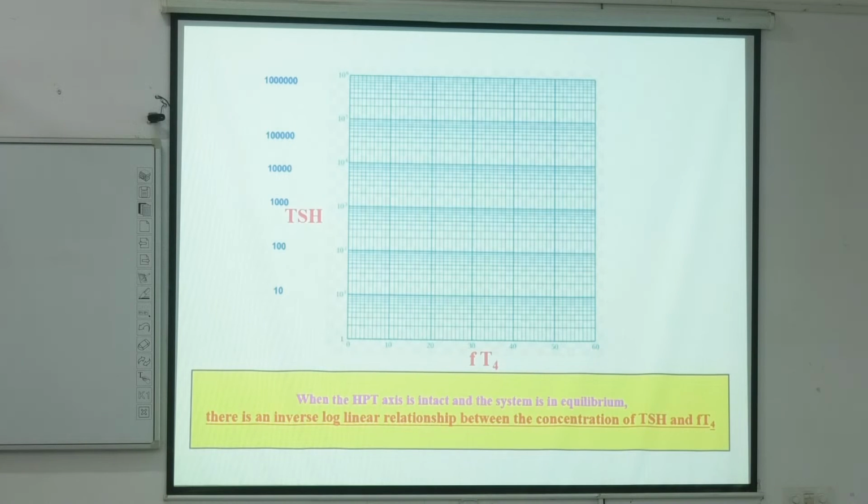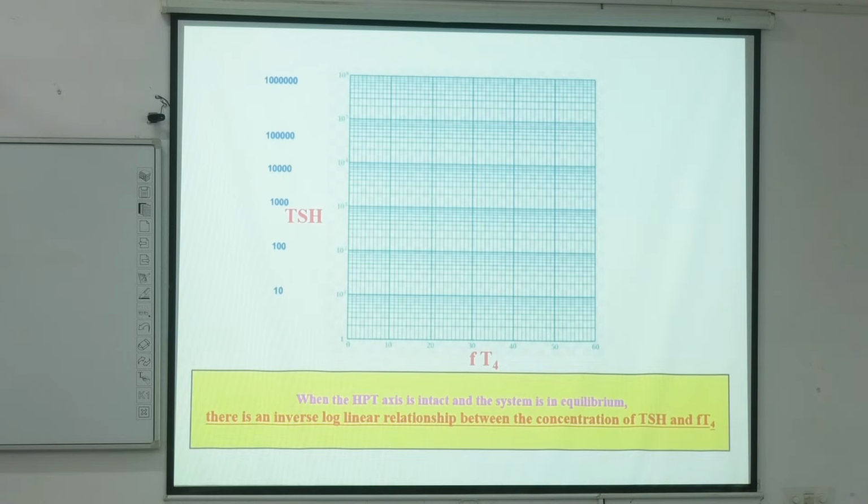Next, one thing is not known by many, and you must know this: the relationship between FT4, which is the controller of TSH secretion, and the TSH. Remember, you have worked on only the 10 log graph paper, that is 10, 20, 30, 40, 50, and again on this side 10, 20, 30, 40.